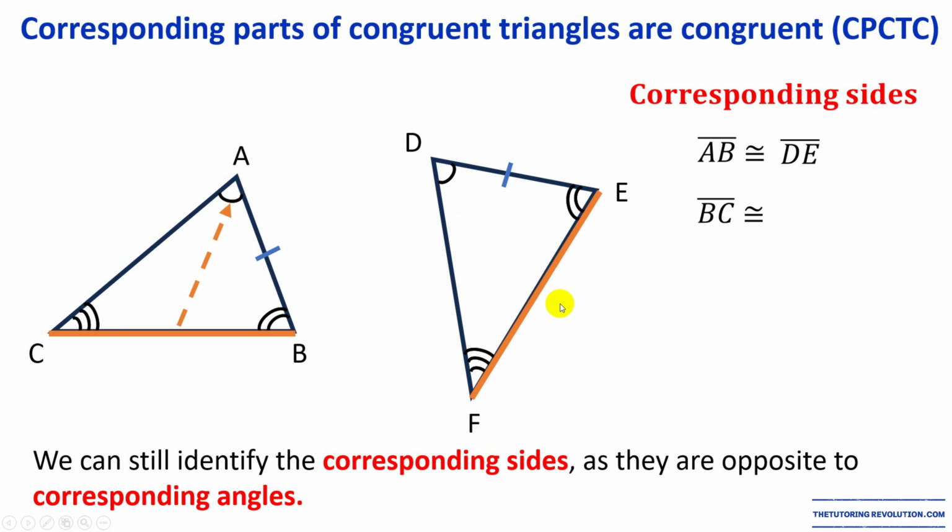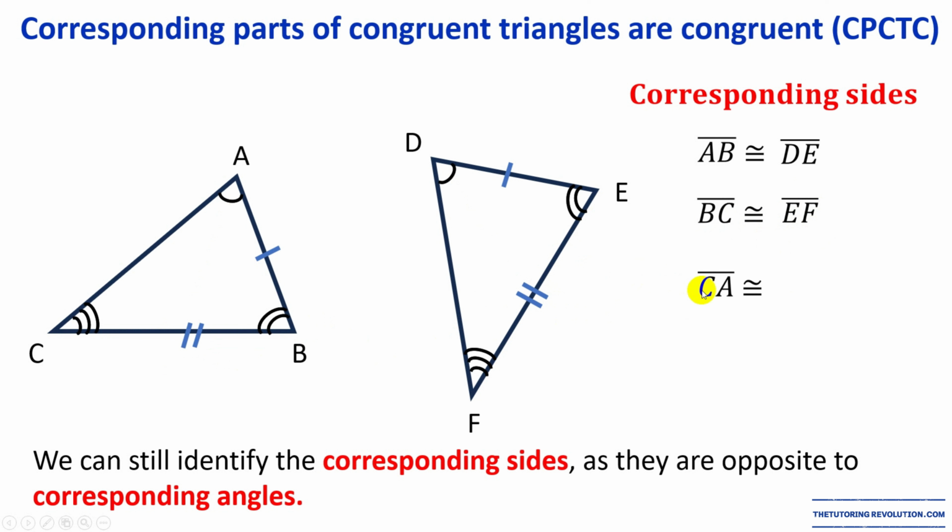Therefore, EF and BC are corresponding. So BC is congruent with EF because they are corresponding. Now we're going to label each of these sides with 2 tick marks because they are congruent.